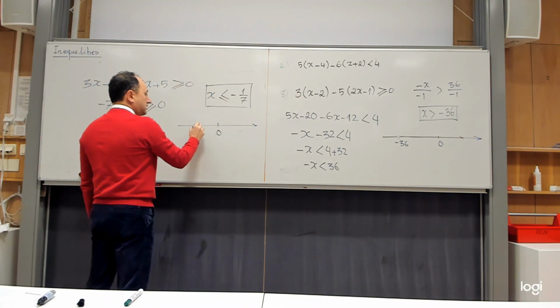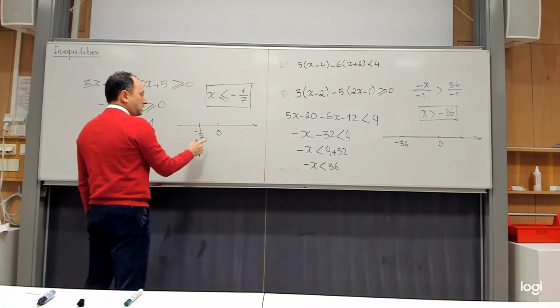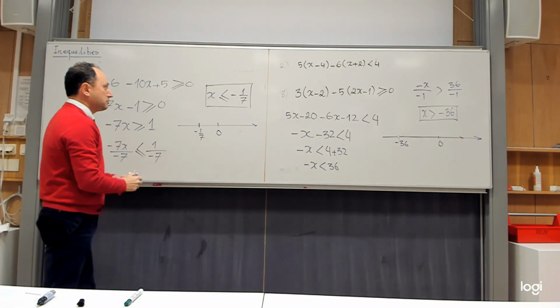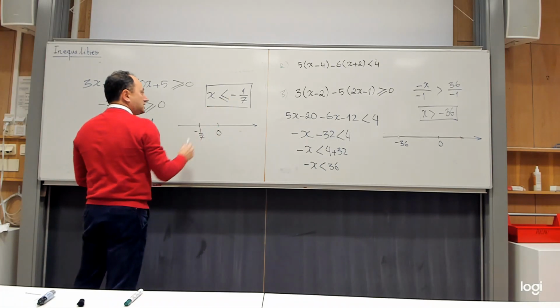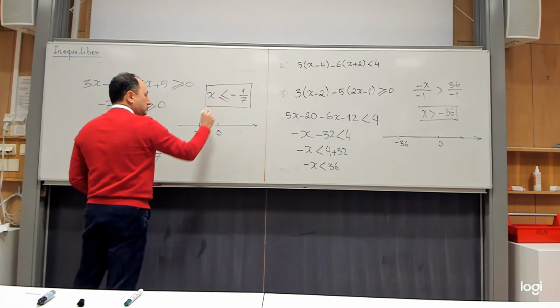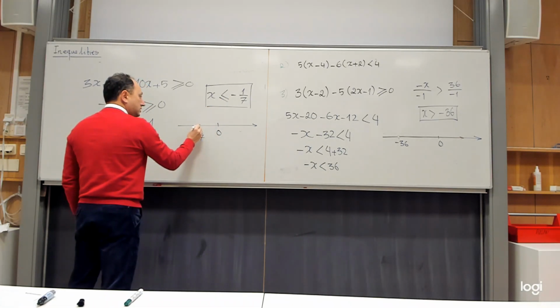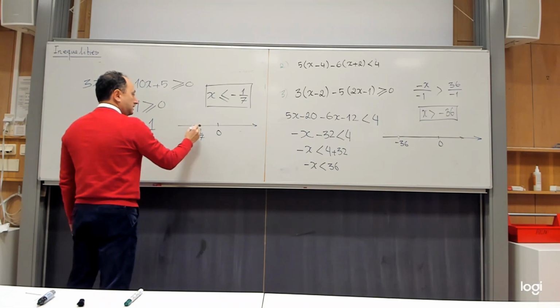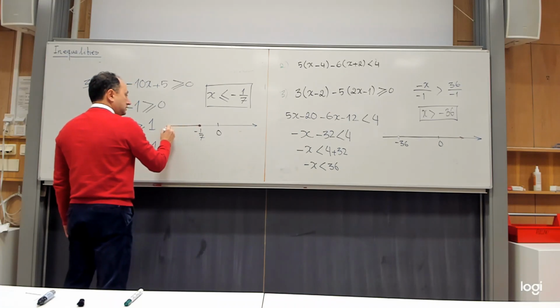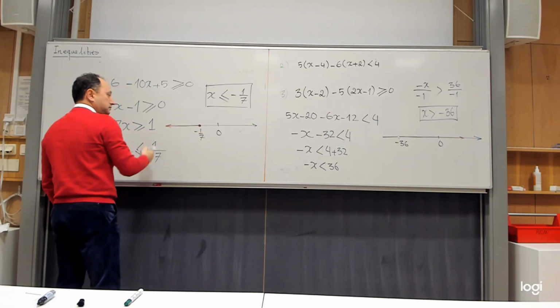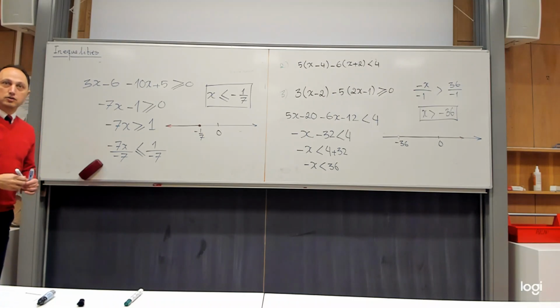Minus 1 over 7 is to the left of this one. I'm just making it big, it doesn't matter. But less than or equal to minus 1 over 7, this time you have to include this. So you have to draw a circle here, but you fill it up. And then to the left. And then you put an arrow here. So that is the solution representation.